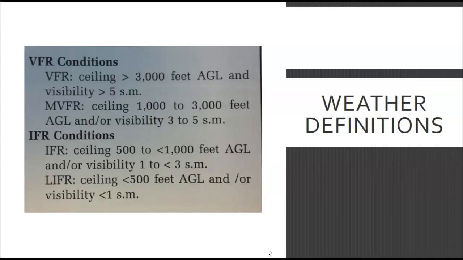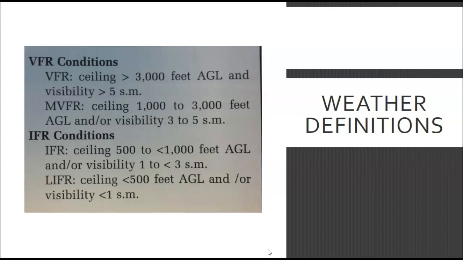When looking at these reports, it's important for you to understand the different types of weather and the definitions of those types of weather. VFR weather is defined as a ceiling of greater than 3,000 feet and visibility greater than 5 statute miles.